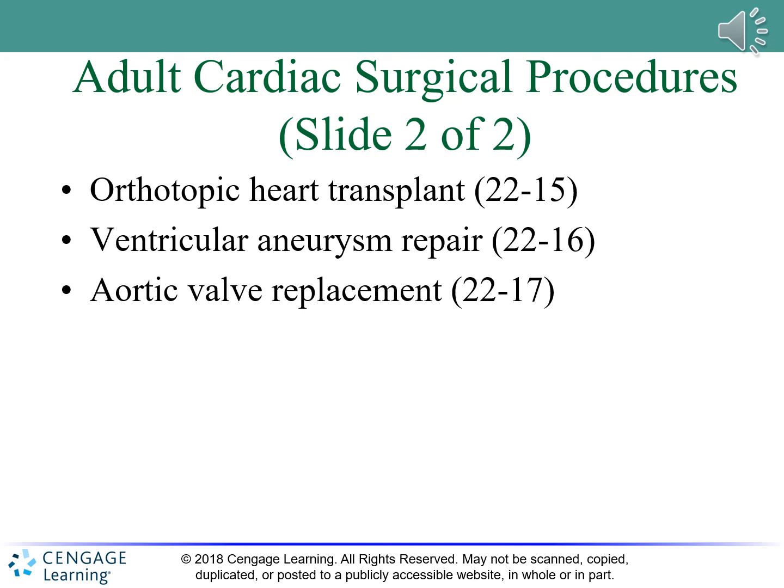Next bullet, a valve that combines bovine pericardium with polyester and plastic, such as the Carpentier-Edwards bioprosthesis valve, lasts approximately 14 years and is another option for patients over the age of 65.